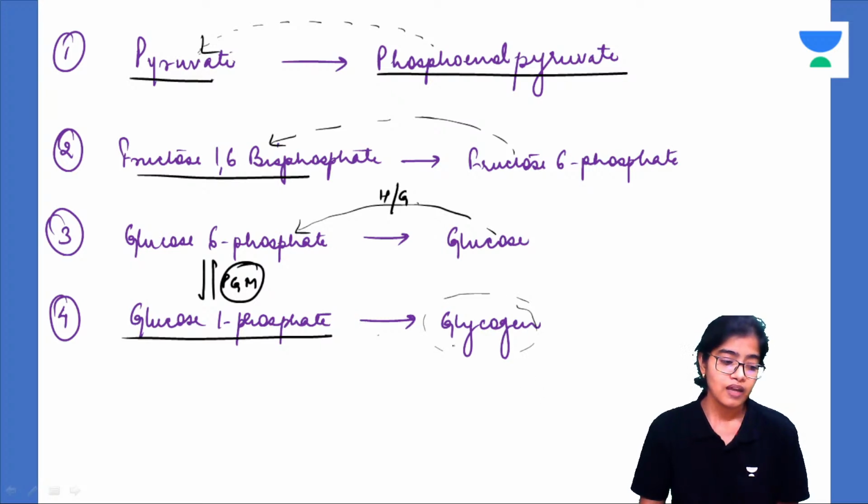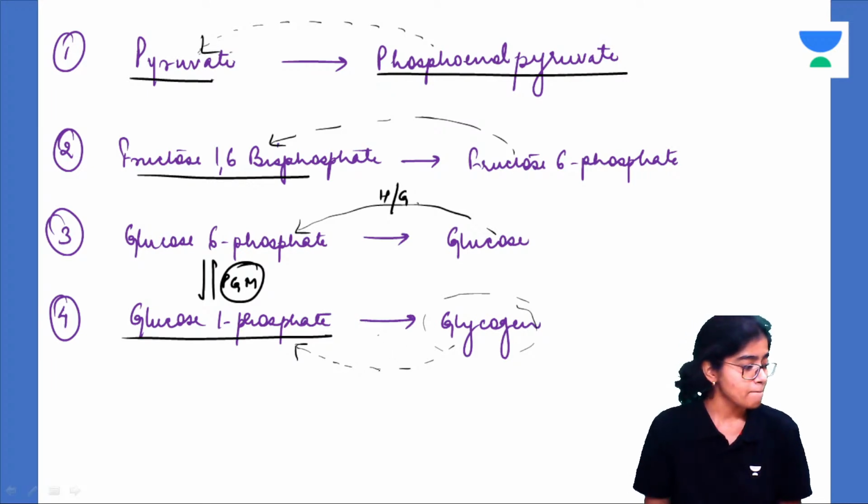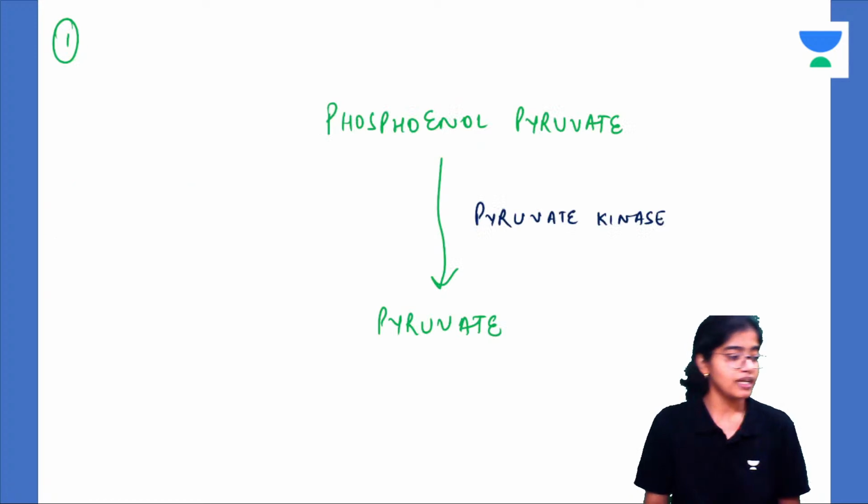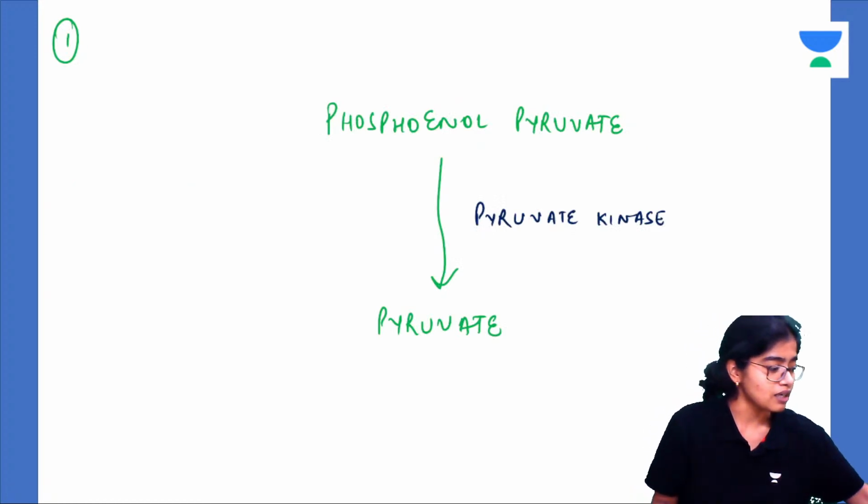And then glycogen will break down to glucose 1-phosphate through glycogen phosphorylase enzyme, glucan transferase and debranching enzyme. Different enzymes will be involved in glycogen metabolism. Understood, all of you? Now one by one we'll take these reactions in detail.